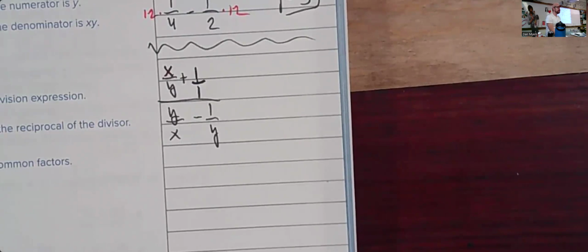So if you look at all 4 denominators, what would the common denominator of all 4 denominators be? How many unique values are there on the denominators? We got a y here, 1 here, an x here, and a y. How many different unique factors are there? Only 2, right?